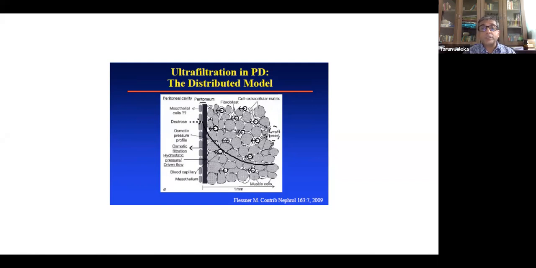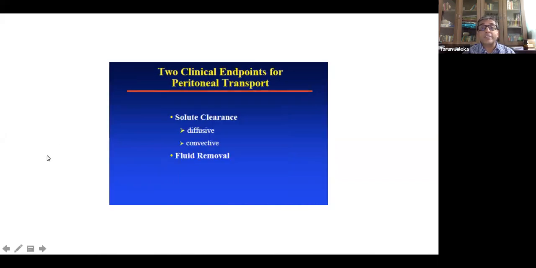So next, let's see what is next. Coming to the clinical part, as I said, the two important things are solute clearance and fluid removal. Solute clearance, as I said, predominantly occurs through a diffusive mechanism, but a small part occurs because of convection as well. Now, how does convection play a part?